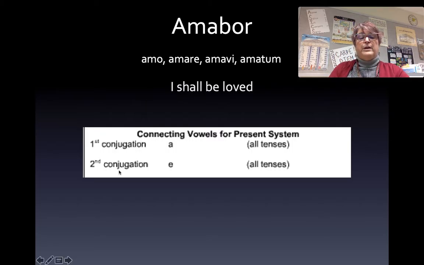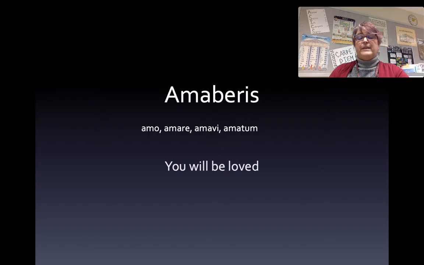Make a note that if we are dealing with second conjugation, you will see the connecting vowel E in front of the ending and after the base. Here is our same verb. This time the subject is you, singular. I know that because of the ris. Because I know the base and I know that A is the connecting vowel, I also know that BE is part of the ending.